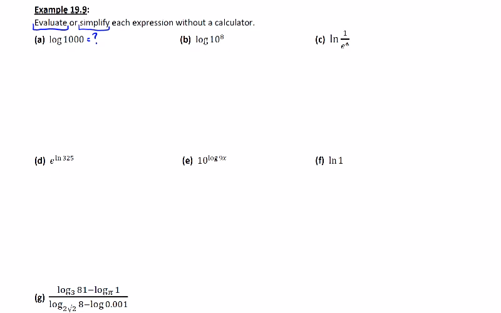But when I do this, I have to remind myself that there is a base of 10 that is implied, and then the 1,000 represents the argument. So as I rewrite this, I'm going to get 10 to the question mark equals 1,000. And then there's only one exponent that will make that true.